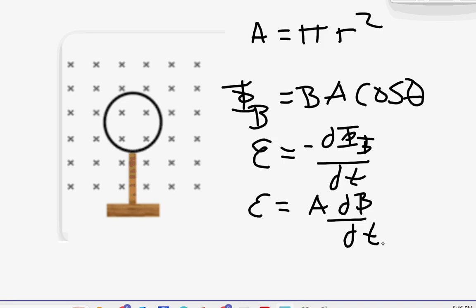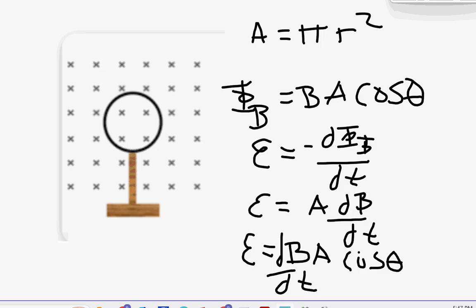Then in that case, our E is going to be BA, and then we're going to take the cosine of theta, and I'm going to take the derivative of this function.